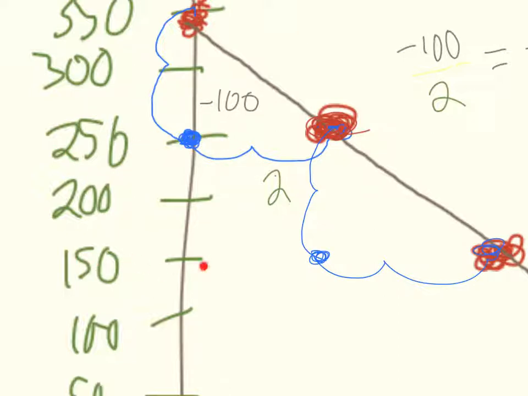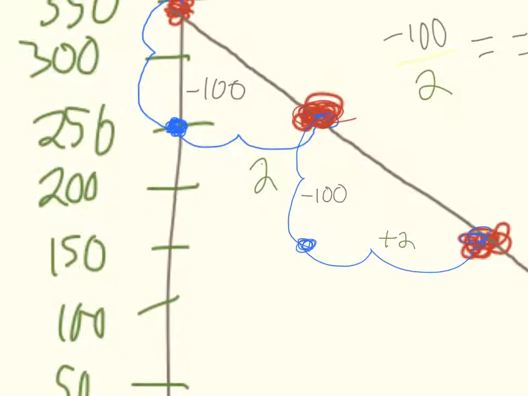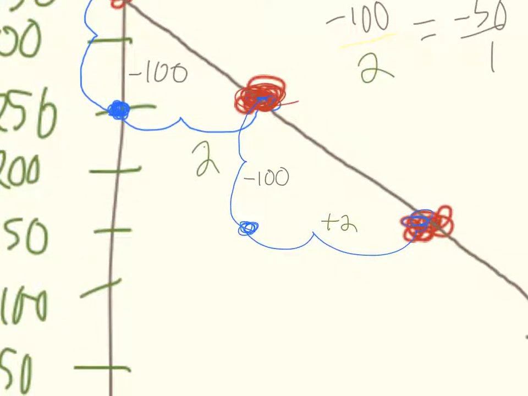It goes from 250 to 150. So once again, it would lose 100, and then it would go plus 2 spaces to the right, giving us a rate of change of negative 100 over 2, which is just negative 50 over 1.